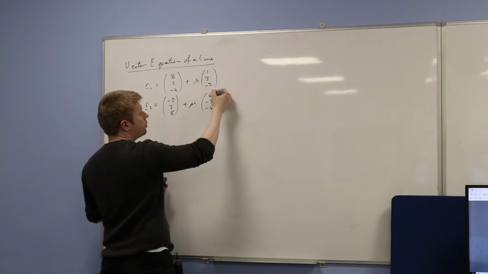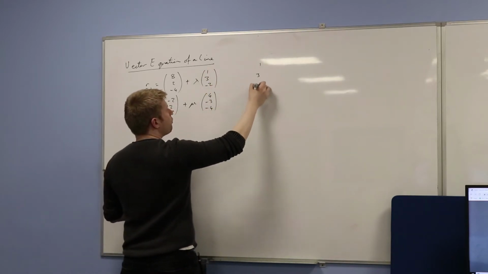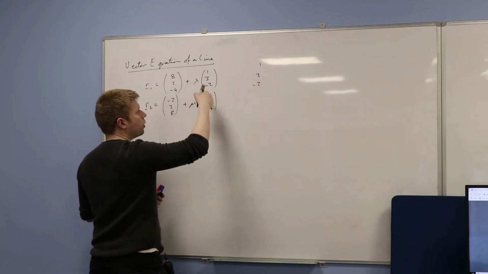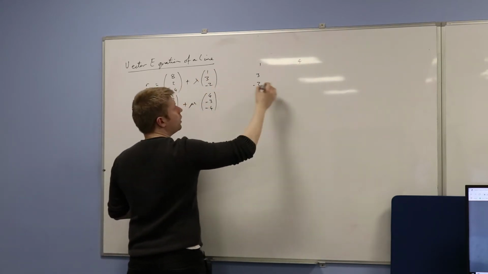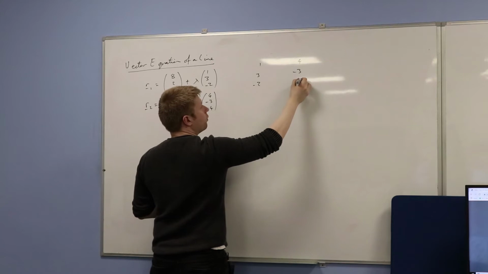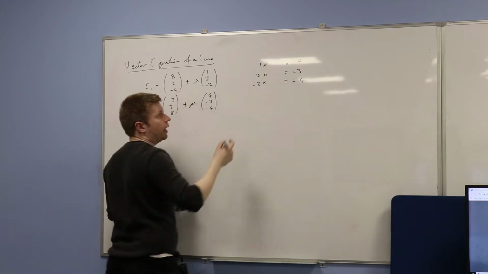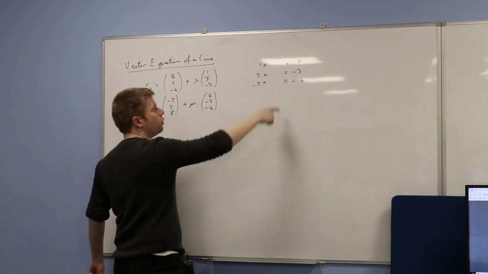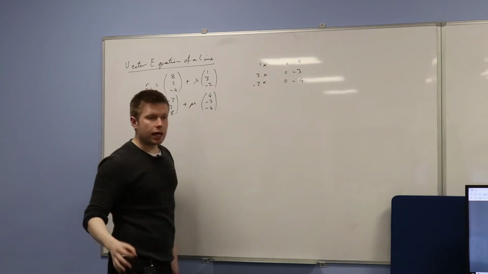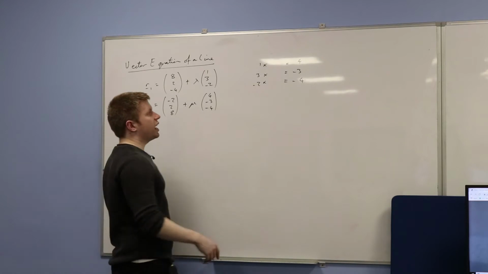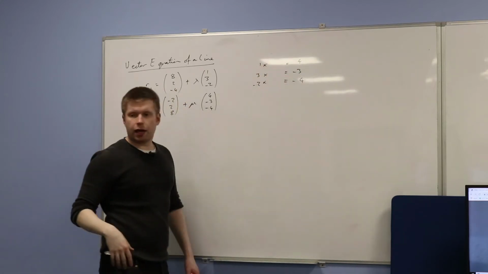So we'll have a look at the direction vectors. We've got 1, 3, -2 for this one, and 4, -3, and -4 for this one. What we're basically saying is that if they're parallel, there should be some constant which, when we multiply it by each of these, gives the same thing. Or another way of saying that, if we divide that by that, we should get the same thing.